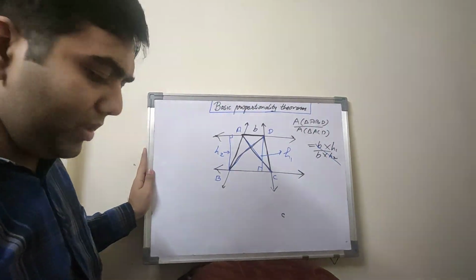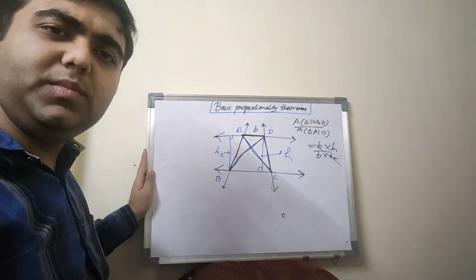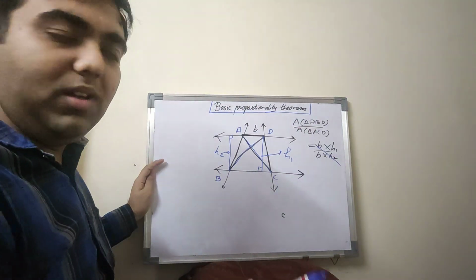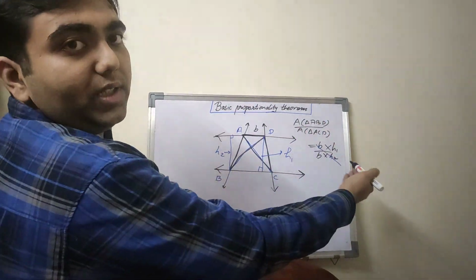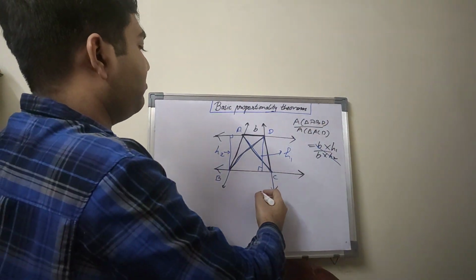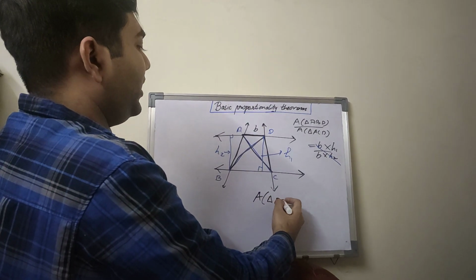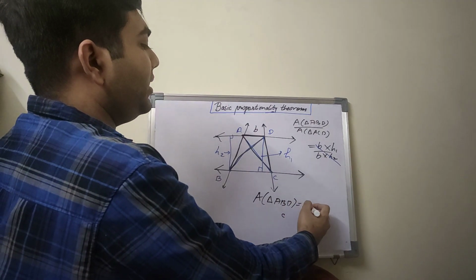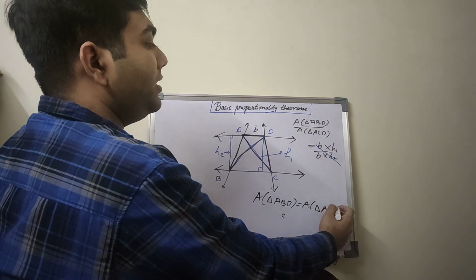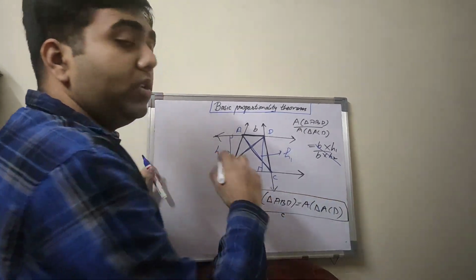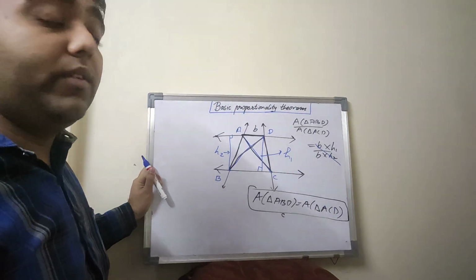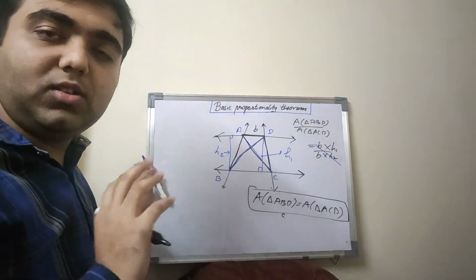And what's remaining? Only 1. What does this mean? The areas are equal. I can always write area upon area is 1, then area is equal to area. So area of triangle ABD is equal to area of triangle ACD. You get a very special relation with two triangles having common bases and common heights.